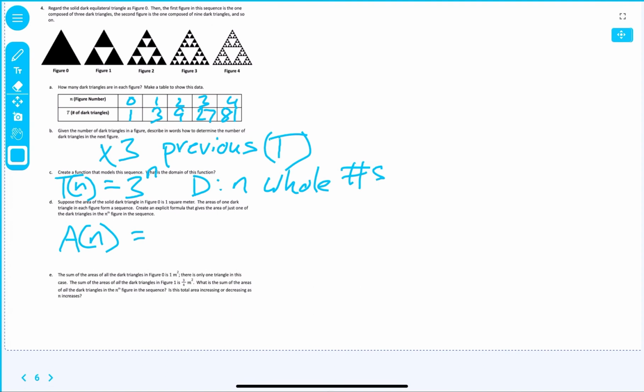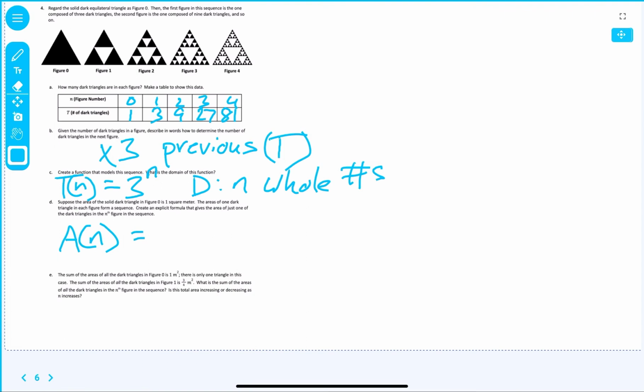Oh, okay. So think of it like this. What is the area of figure 0? 1 square meter. How many triangles are there? There's one, right?